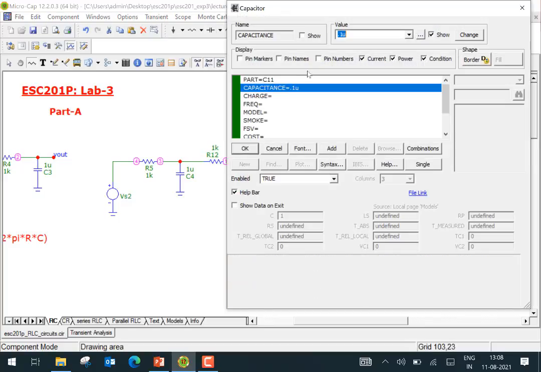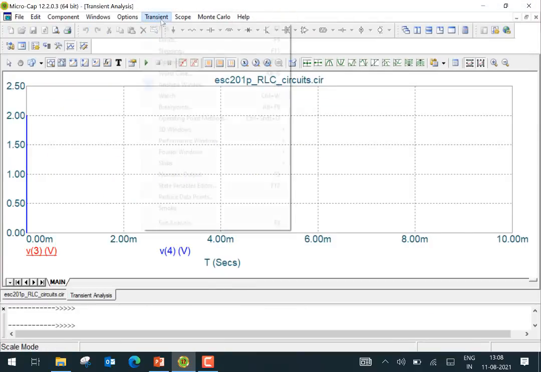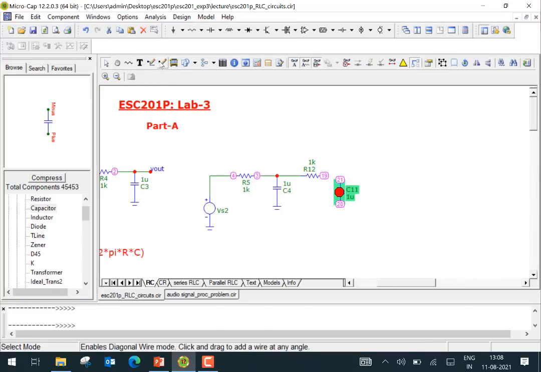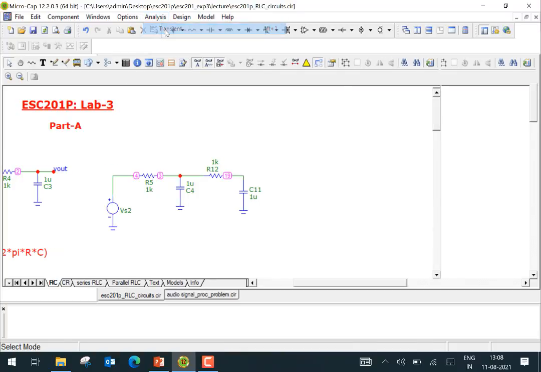So let's add 1 microfarad here, connect it up, put a ground here, and let's do the transient analysis.